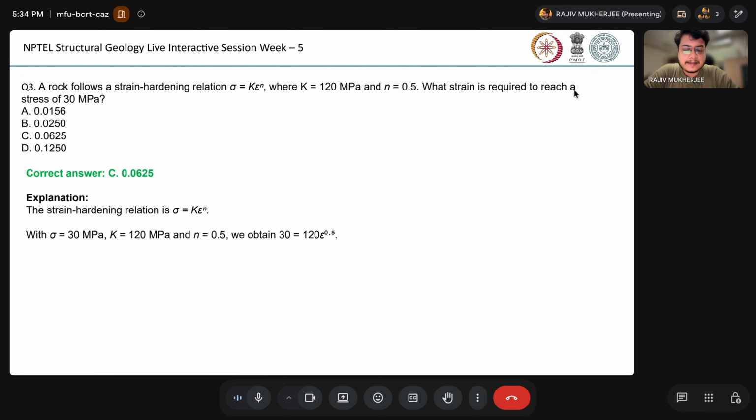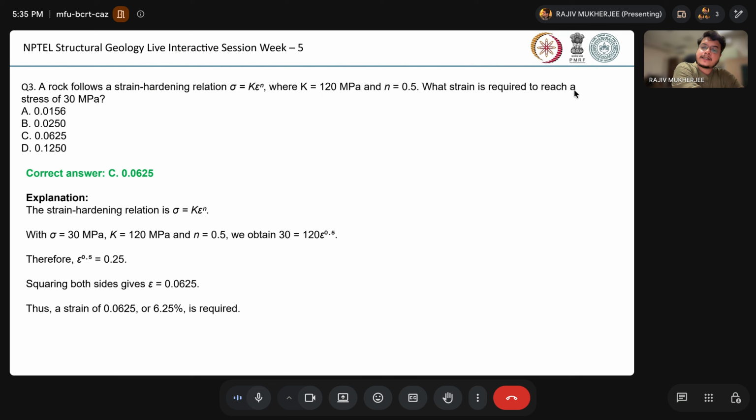With sigma equal to 30 MPa, K equal to 120 MPa, and n equal to 0.5, we just plug all the values in and we get epsilon to the power 0.5 is 0.25, and then obviously we take squares on both sides to give epsilon equal to 0.0625.